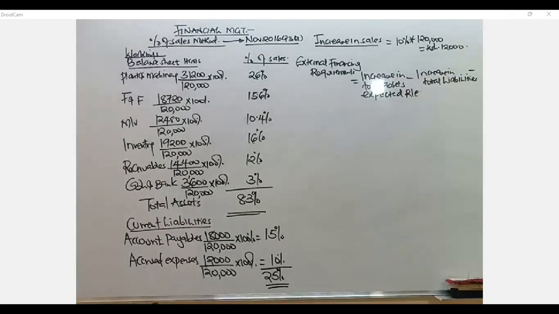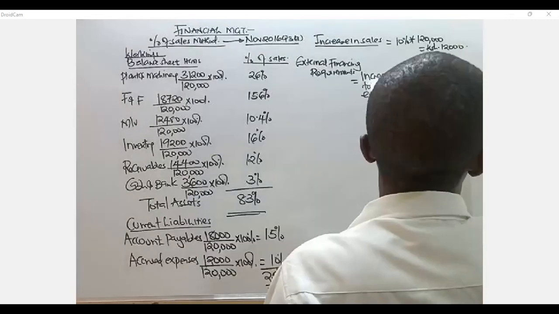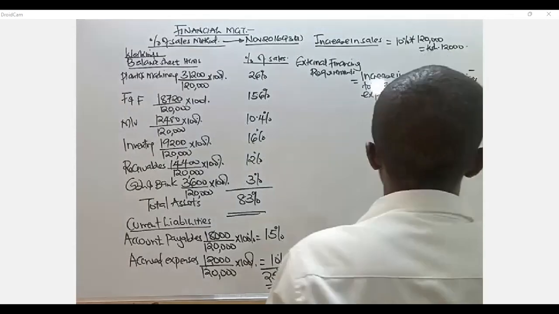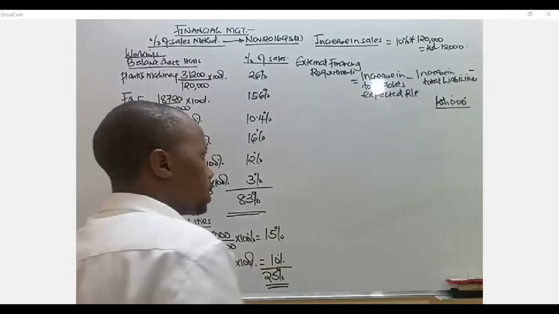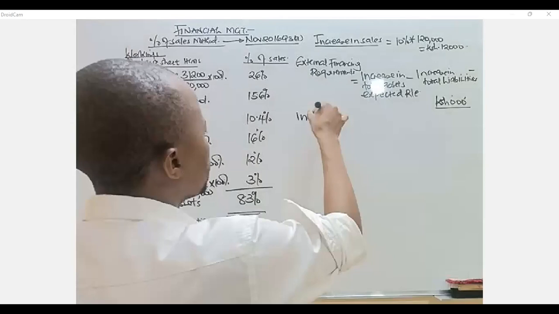So I will have a column here, a column of Kenya shillings, limited into thousands of shillings. Because we have to calculate the increase in total assets, how am I going to do it? Let me calculate it.